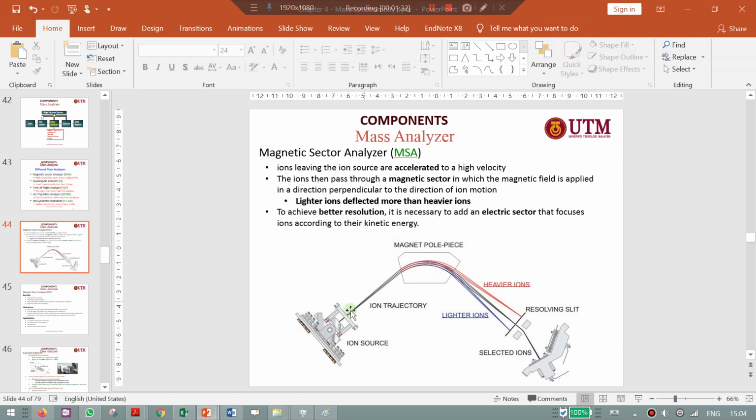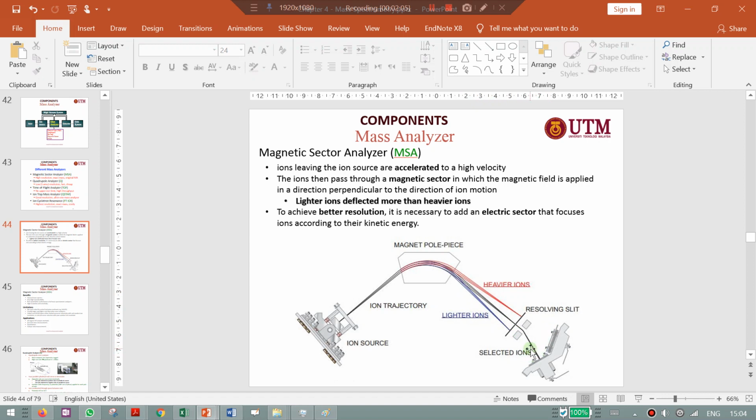But usually that is already handled, because at the ion source we already filter out the things that are not ionic, not charged as cations. So at high velocity the ions pass through the magnetic pole piece, then get deflected. The lighter ions are deflected more, so they go to a different place. Here there is a detector.